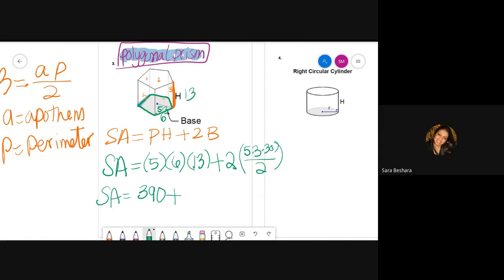So I get 159. Again, you can do it this way too. It's 2 times 5.3 times 30, and then divide that by 2. It's 159. Let's add the 390 plus the 159, get 594. And again, that is square units.